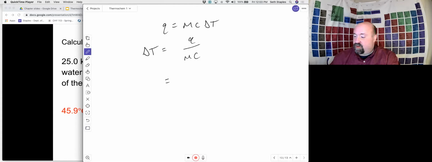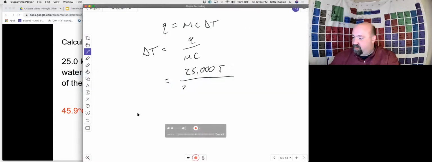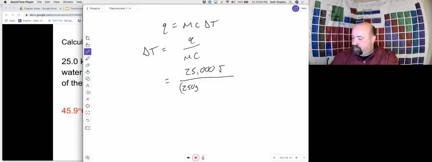So we have to convert the Q we were given to joules. So that was 25 kilojoules. So we're going to have 25,000 joules divided by our mass, which was how much? 250 grams. And 4.184 joules per gram degree C for the specific heat of water.